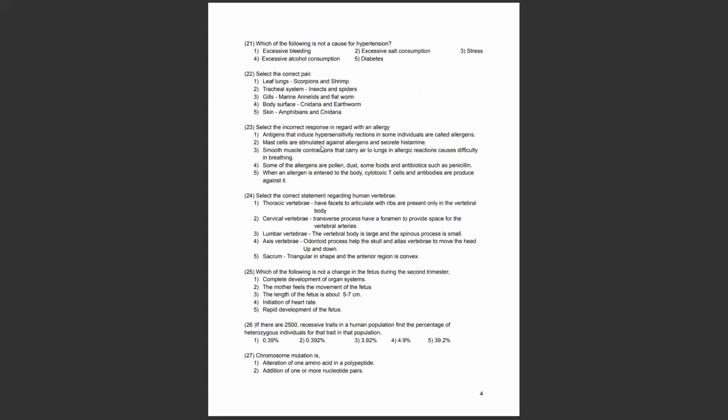Right. Question number 21. Which of the following is not a cause for hypertension? Right. There are several risk factors of hypertension: obesity, consumption of a high amount of salt, a high amount of alcohol, sedentary lifestyle, diabetes mellitus.